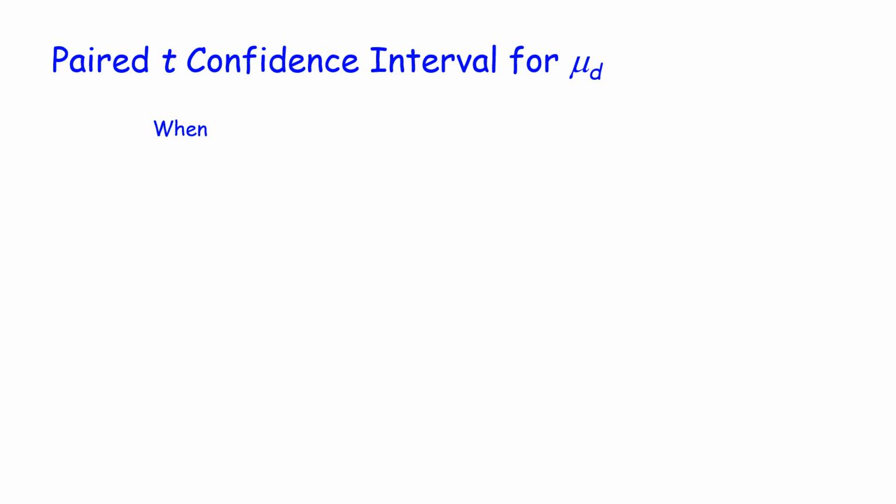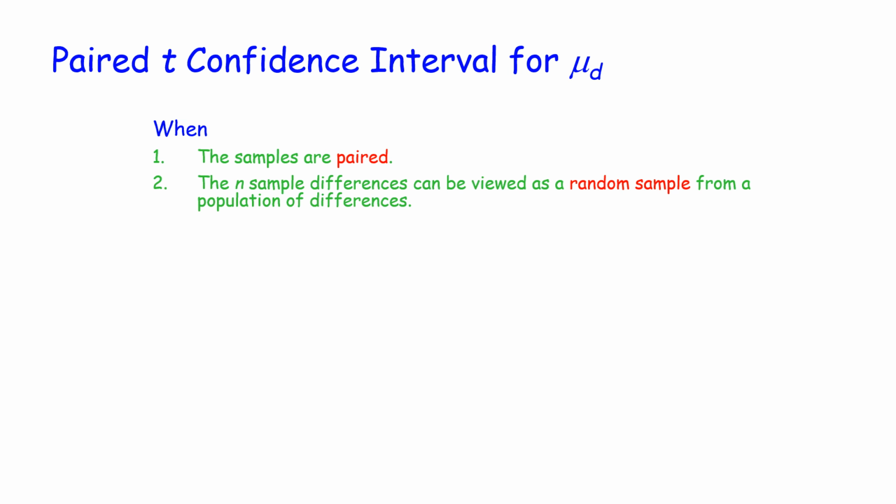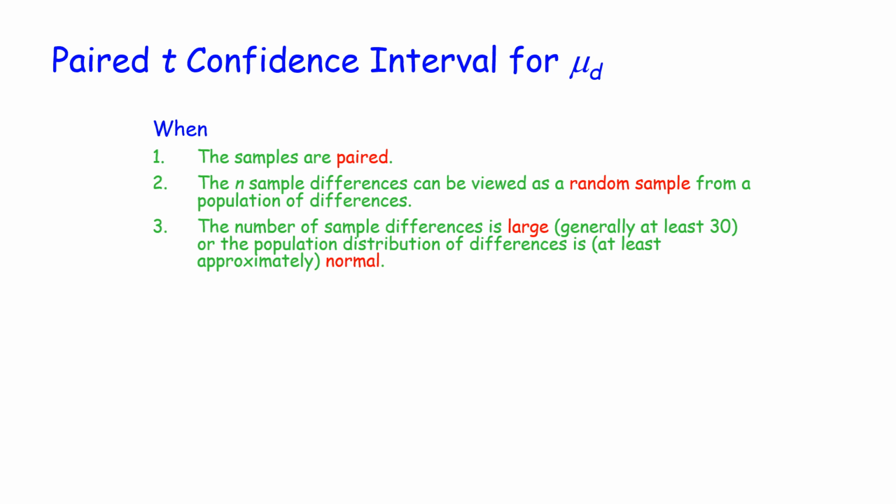So when do we use a paired t confidence interval for mu sub d? Well, first, when the samples are paired. Second, the n sample differences can be viewed as a random sample from a population of differences. And third, the number of sample differences is large, so generally at least 30, or the population distribution of differences is at least approximately normal.